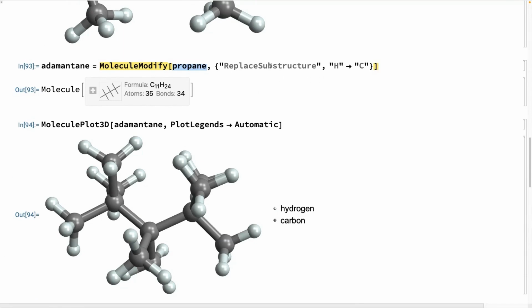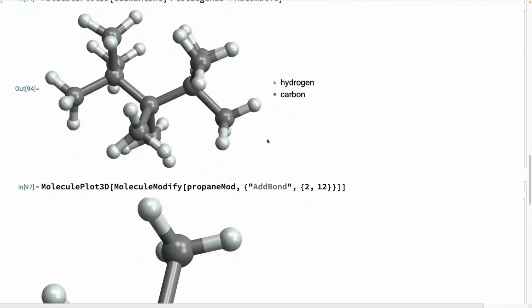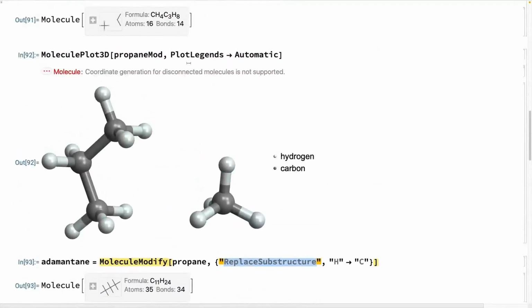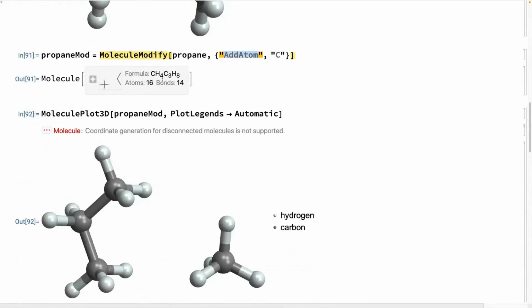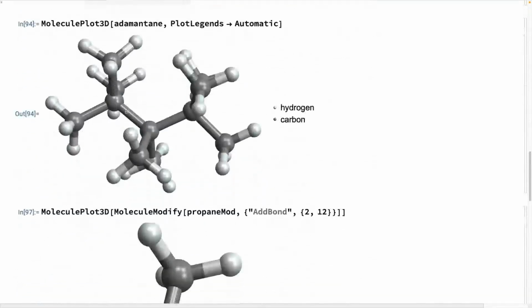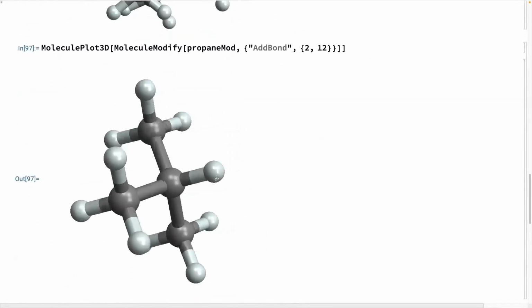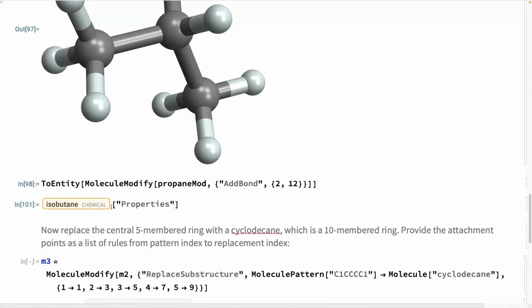One thing we could do is a substructure replacement, but what I had done up here is I had added an extra carbon, and then I took this quote unquote molecule where I had the extra carbon sitting off to the side of the propane. And then I added a bond between the carbon and the propane. I created something new. And that thing turned out to be isobutane, which is itself a computable entity that has all these properties associated with it.